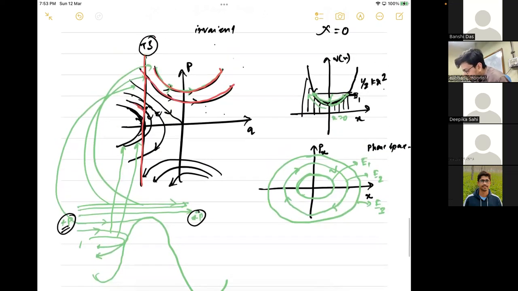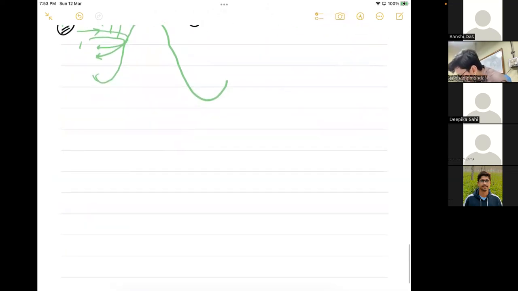Now, if you draw the dividing surface here, then the transition state theory will give us an accurate value, because all these trajectories will not be reactive trajectories, only these trajectories will be reactive. So TST will give us the accurate value. So basically the takeaway point is that transition state theory overestimates the rate.